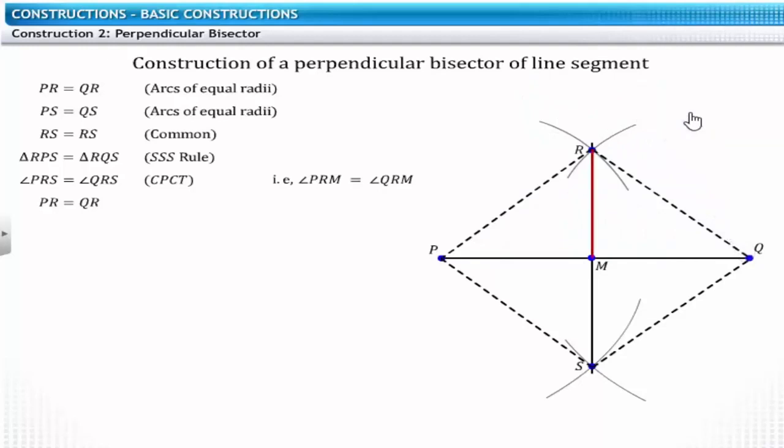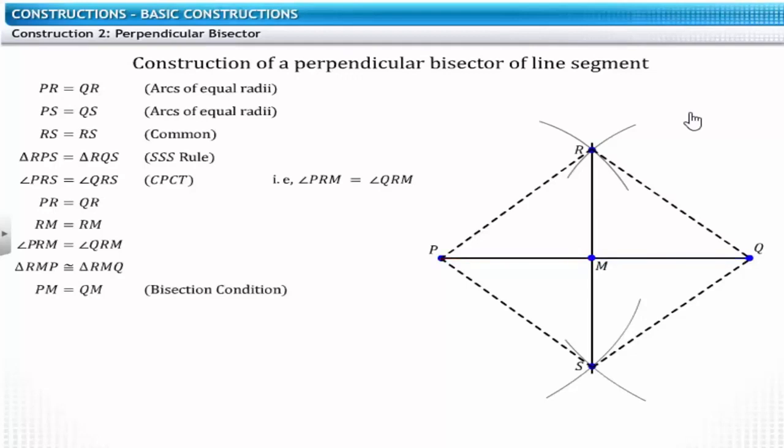RM is the common side. As proved above, angle PRM is equal to angle QRM. Therefore, by SAS congruence rule, the triangles RMP and RMQ are congruent. By the CPCT principle, side PM is equal to side QM. This proves the condition of bisection.